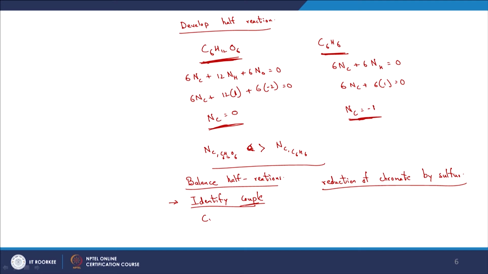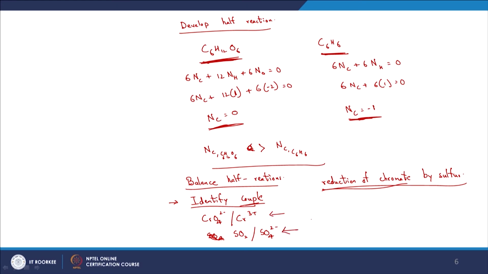Here CrO4 2-, the more oxidized form, is going to be reduced to Cr3+, because it's the reduction of chromate. And for sulfur, SO2 is initially reduced and it's more oxidized later, SO4 2-. So these are my couples.